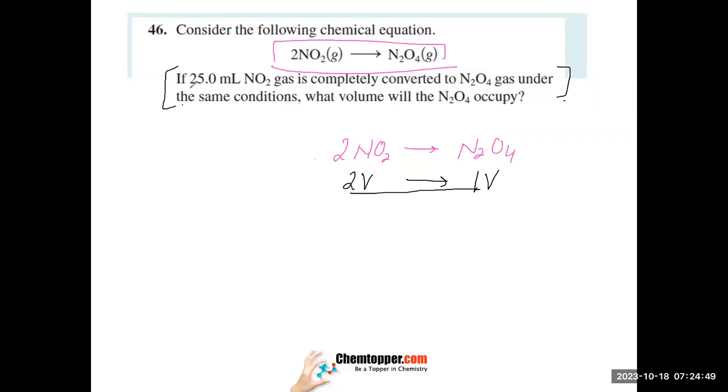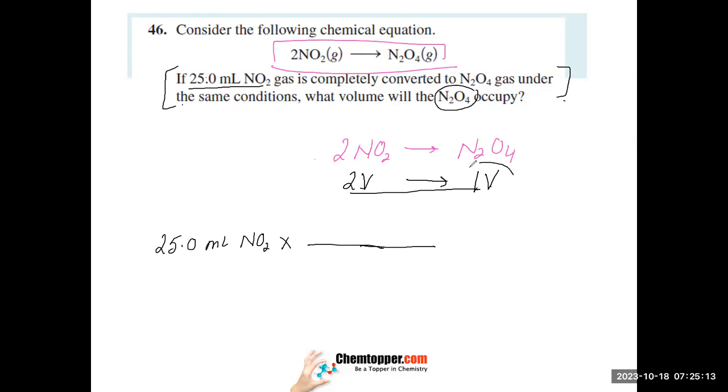What is given? In every question, check what is given and start with it. 25.0 ml NO2. What do you know? This ratio, right? What do you want to calculate?